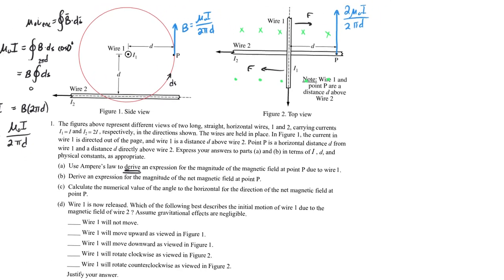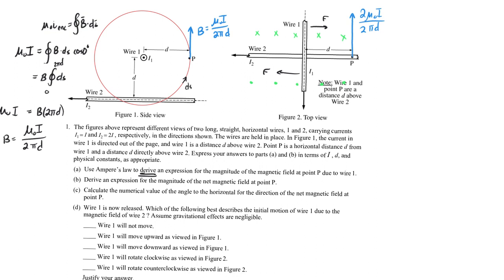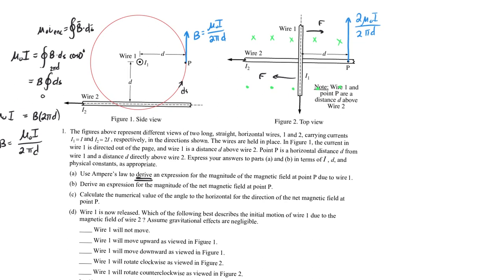No, it won't. Wire 1 will move downward as viewed in figure 1. I don't think so. Wire 1 will rotate clockwise as viewed in figure 2. I think that's true. Wire 1 will rotate counterclockwise as viewed in figure 2.